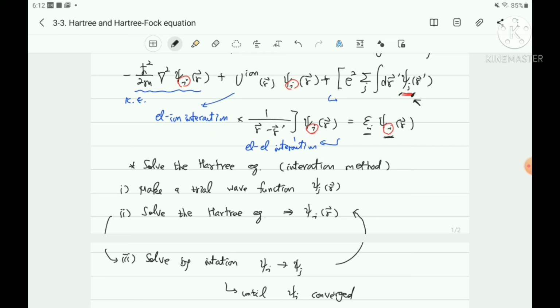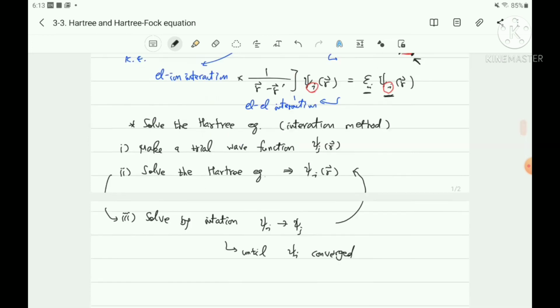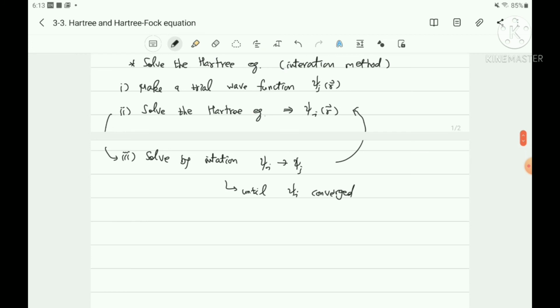Anyway, this Hartree equation does not take into account the exchange interaction, like the Heisenberg exchange energy, but we should consider it. The modified Hartree equation is the Hartree Fock equation.